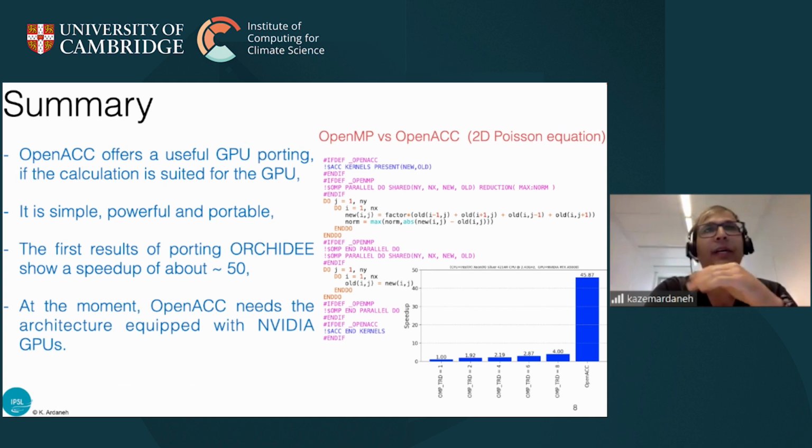For a community code like IPSL, the most important thing for us is the portability of the code, and it's very portable using OpenACC, but there is a downside: by now it is limited to the architectures that are supported by NVIDIA.